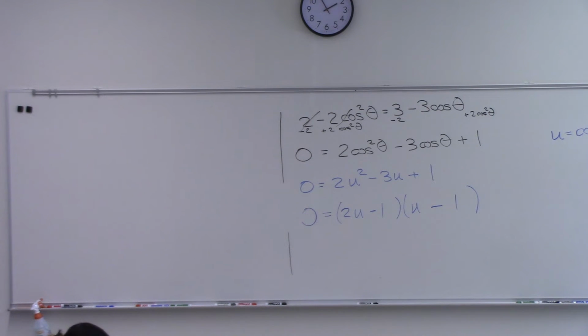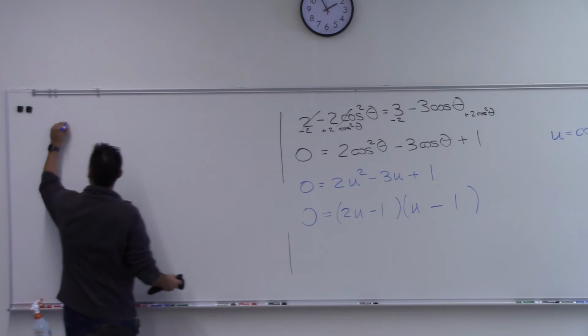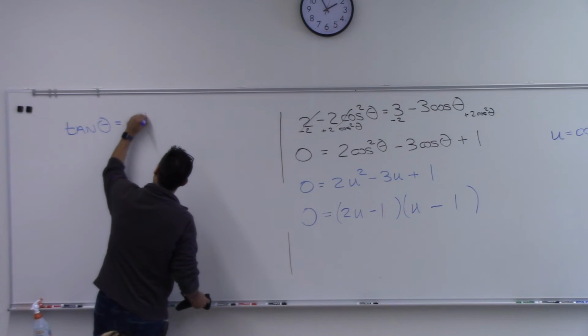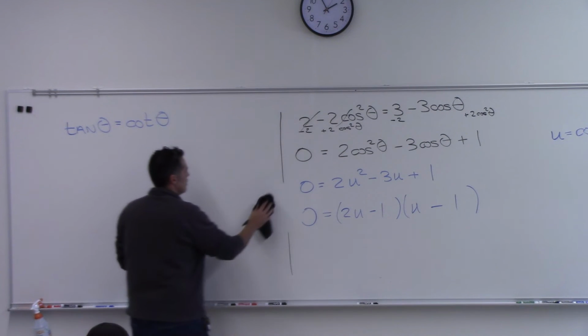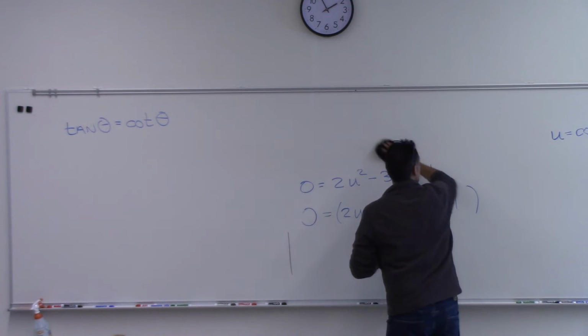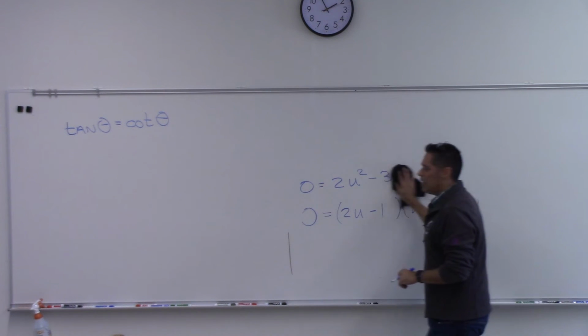This one looks unassuming, but let's see. Tangent theta equals cotangent theta. For this one, I think there's a hard way to do it and an easy way to do it.